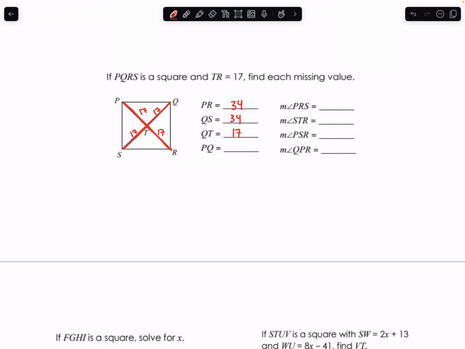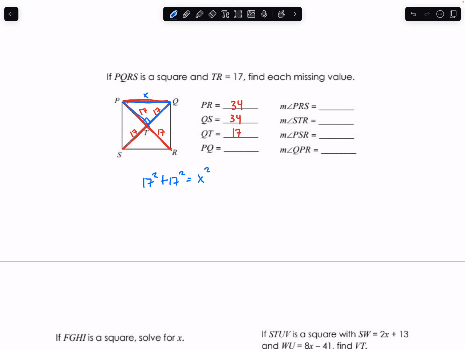And then to find PQ, this outside, I'm going to lean on the fact that the diagonals are intersecting at 90 degrees. They're perpendicular.